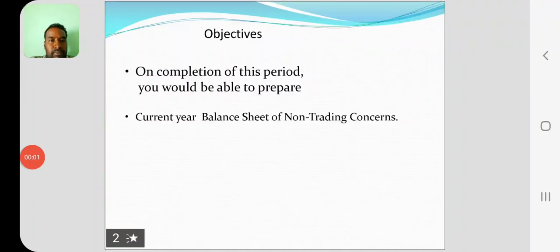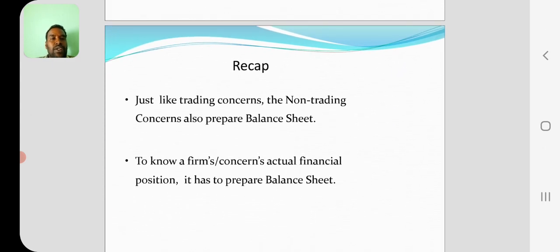Everyone, today we are going to discuss how to prepare a current year balance sheet, opening balance sheet and closing balance sheet. In the previous class we discussed trading concerns; just like them, non-trading concerns also prepare a balance sheet.